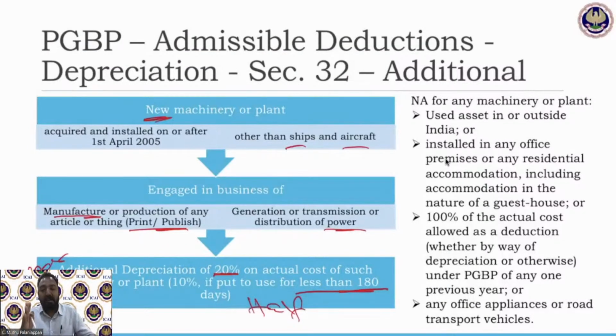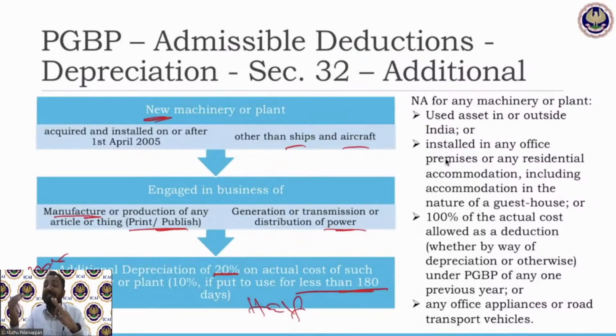So please understand, additional depreciation is provided for new plant or machinery purchased, but does not include ships and aircraft. And it is eligible only for the assessee who is engaged in the business of manufacture, printing or publishing, power generation, distribution or transmission. How much is eligible? 20%.